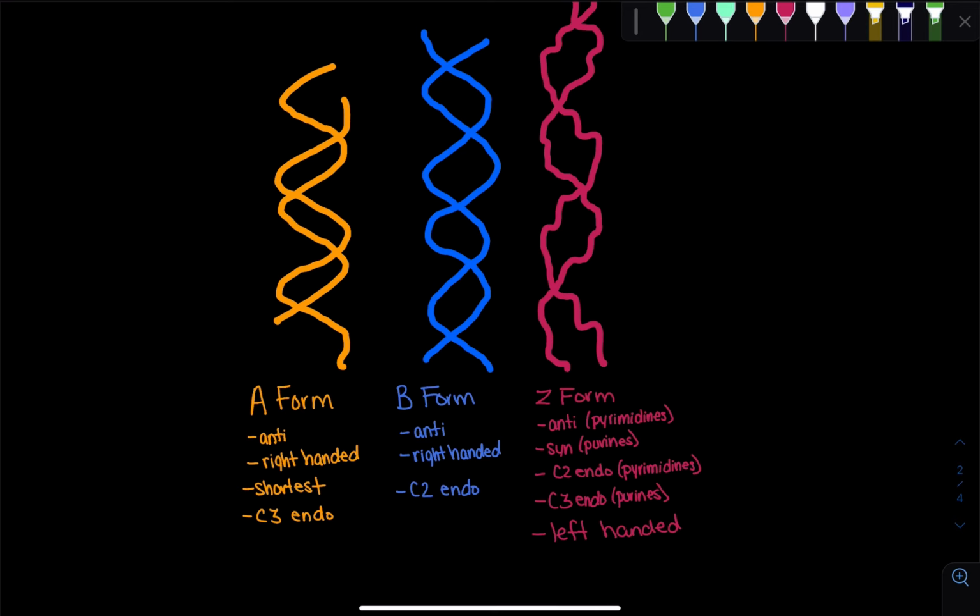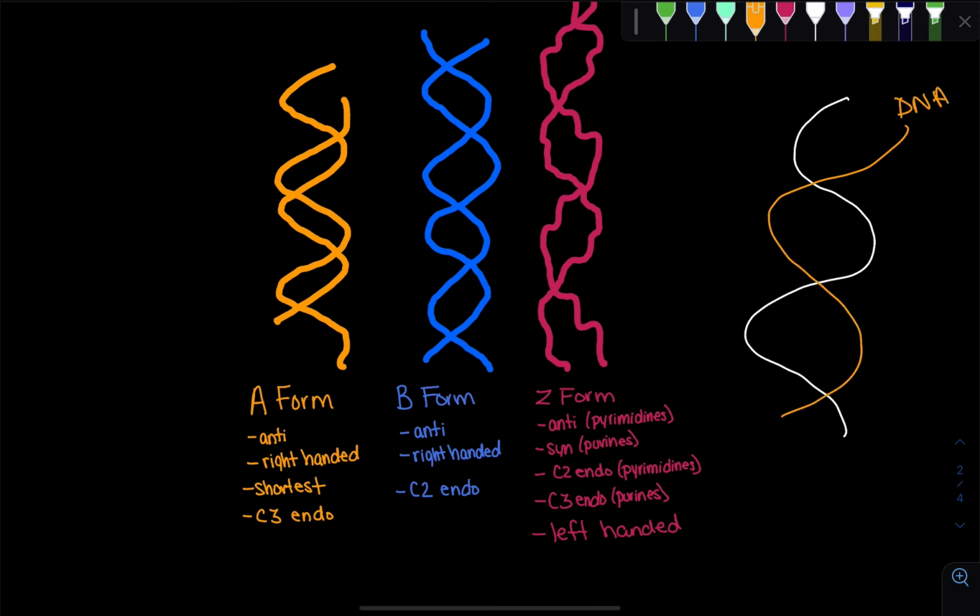One interesting fact to make note of is that if we were to have a strand of RNA bind to form a helix with a strand of DNA, so let's say we have this RNA, and then we have another strand, and this is the DNA.